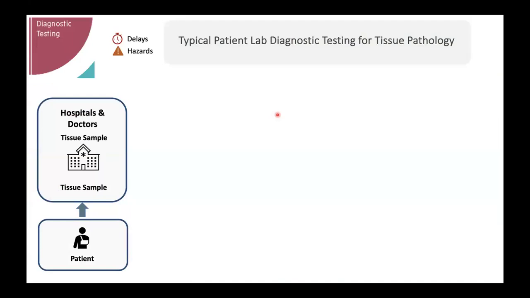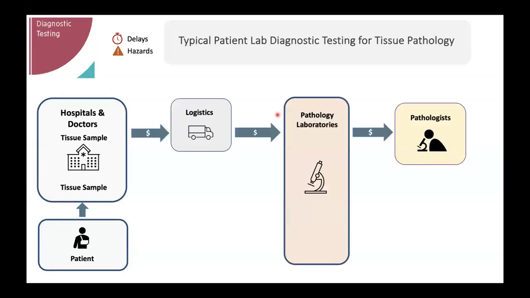If we look at this diagnostic side, the lab diagnostic piece, let us trace the journey of our typical patient here in Kenya. You'll find that many times the patient goes to the hospital, and then the hospital procures a tissue from the patient, does a biopsy, does surgery, or does something. I'm just using tissue pathology as an example, but this workflow happens for other types of samples.